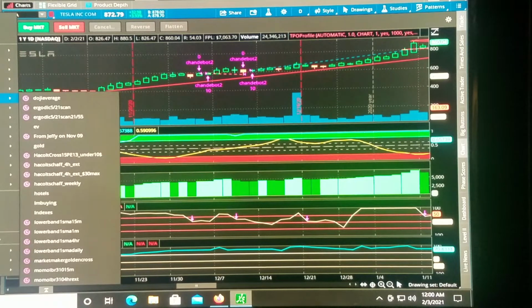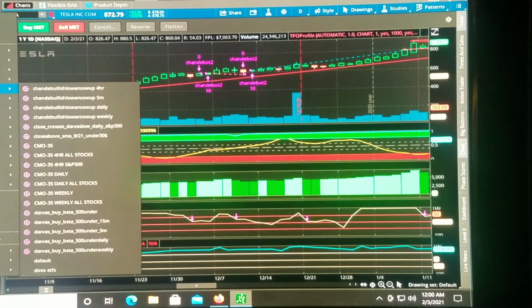It seems like either the scanners are delayed or they're having this high flow, high volume. They're not able to keep up, but that's not what I understand. I understand TD Ameritrade has huge server farms.